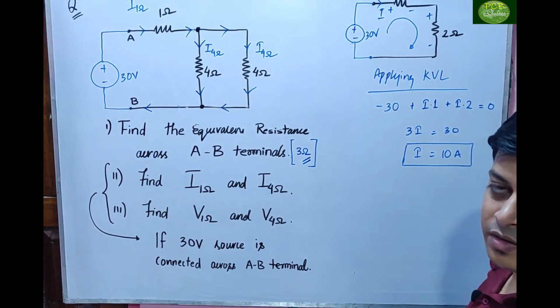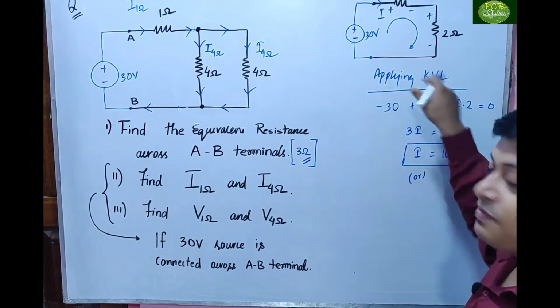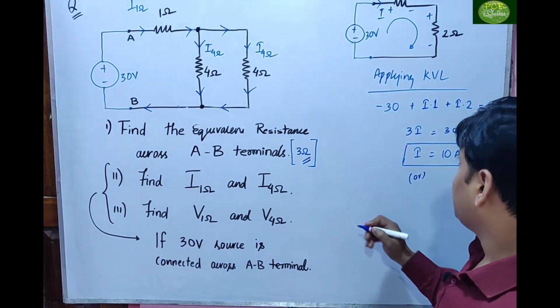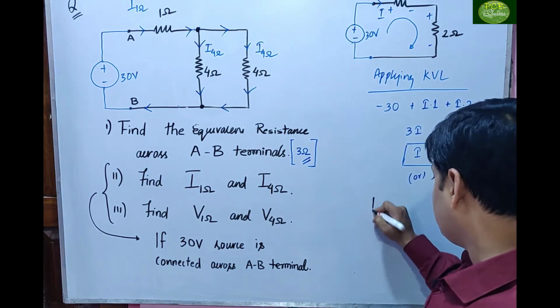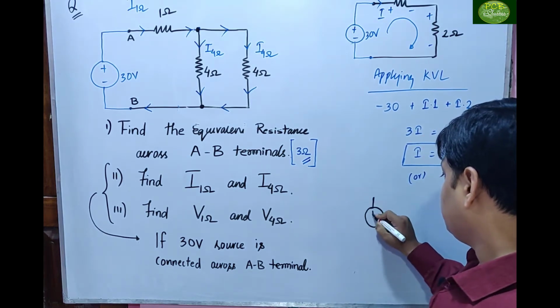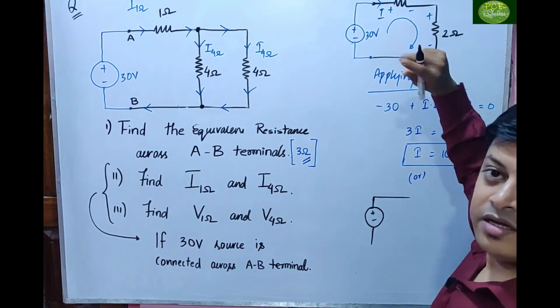Fine. Or else this is another method. This is by applying KVL. Alternate method is you redraw that one, the circuit. What is a redraw circuit? What I am saying, this is positive, negative 30 volt, 1 ohm and 2 ohm are in series.